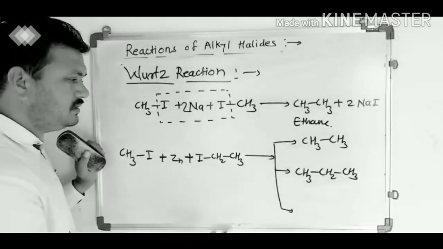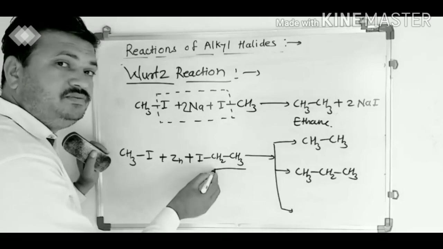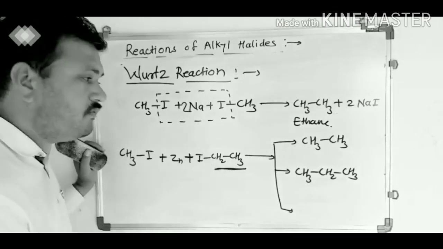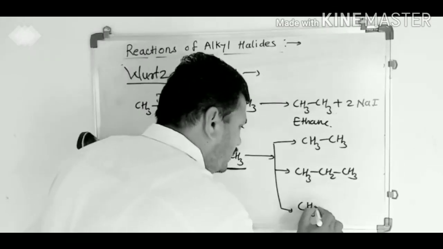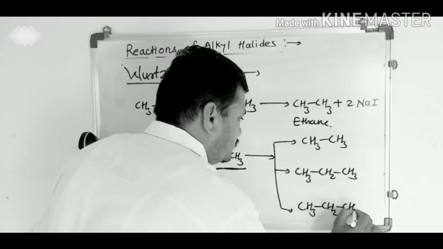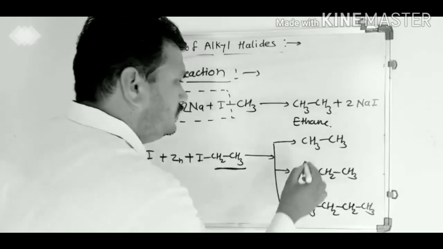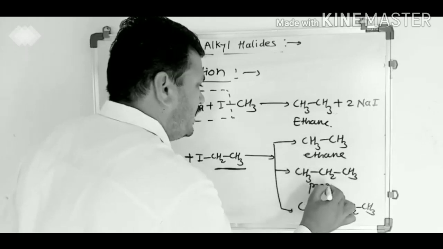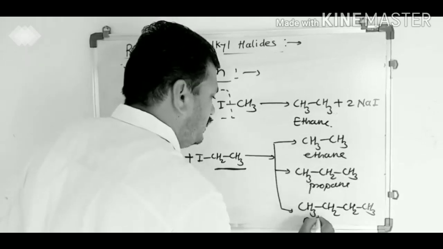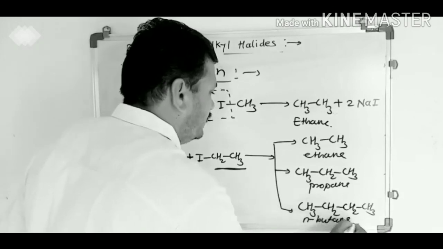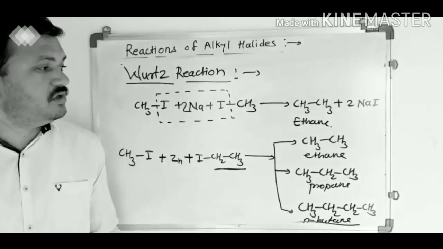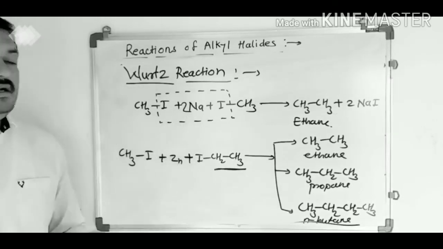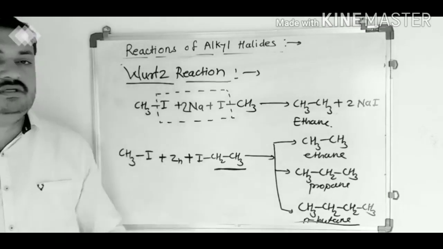Another possibility is 1 mole of ethyl iodide reacts with another ethyl iodide molecule and formation of n-butane takes place. So it is ethane, propane, and butane. This reaction of formation of higher alkane from alkyl halides using sodium or zinc metal is known as Wurtz reaction.